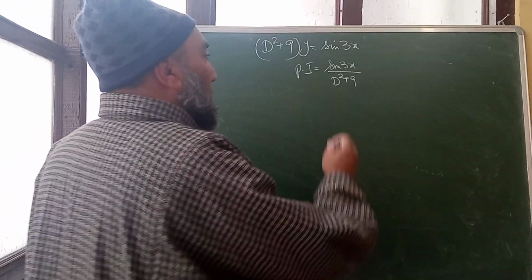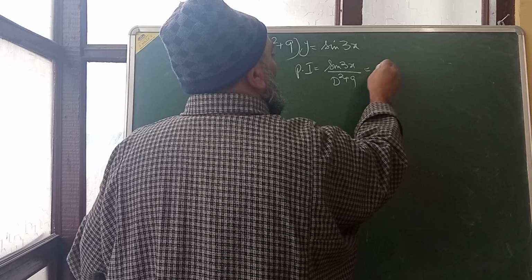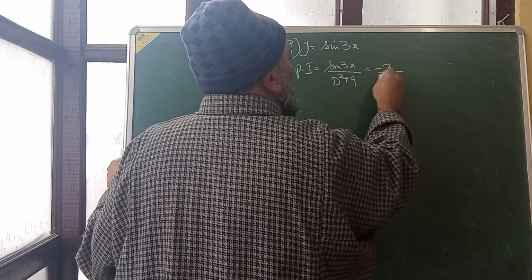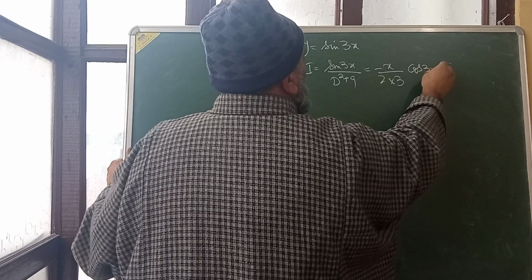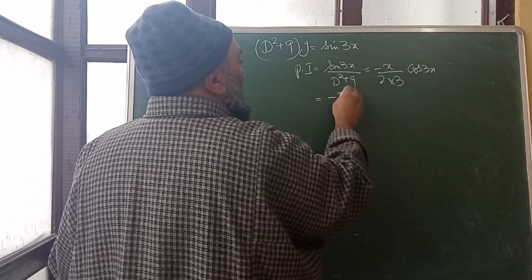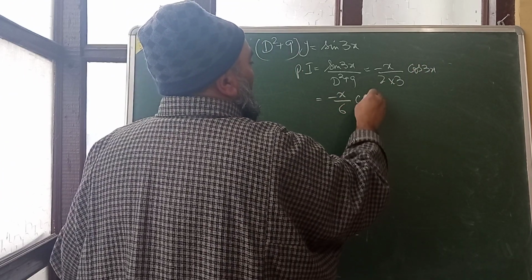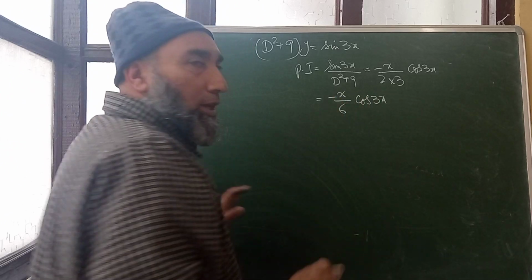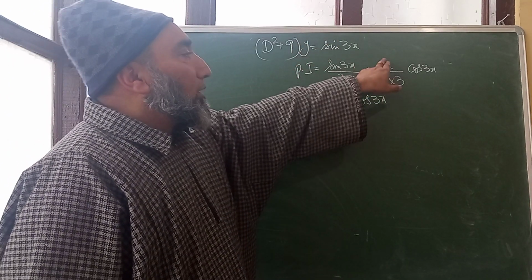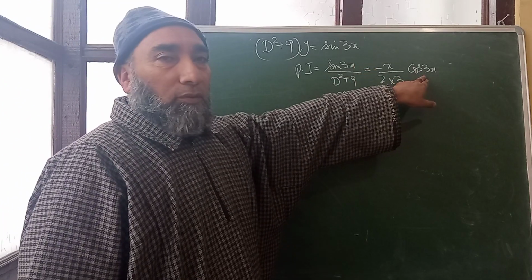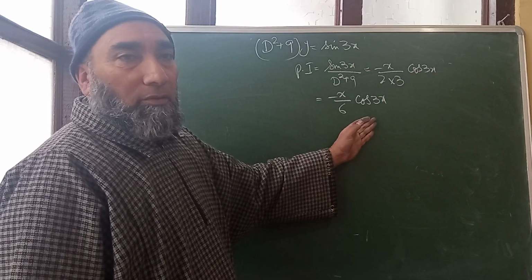So what is the solution? For sine, it is minus x by 2a cos ax. A is 3, cos of 3x. So particular integral is minus x by 6 cos 3x. Sine ax upon D square plus a square: the solution is minus x by 2a cos of ax. This is what I have written.